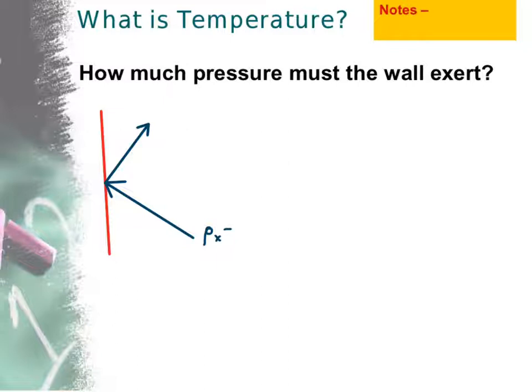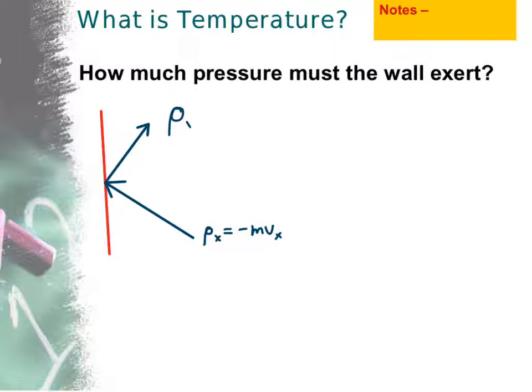It's going to come in with a momentum in the x direction, and that momentum is going to equal negative m times vx. I'm assuming that the negative direction in x is toward the left. Its momentum after the collision, now remember this collision is elastic, so it has to have the same speed going in as it does coming out.